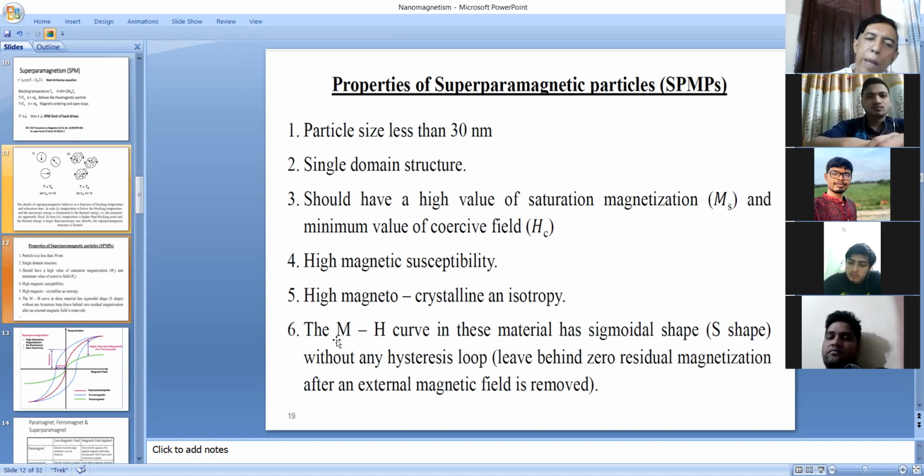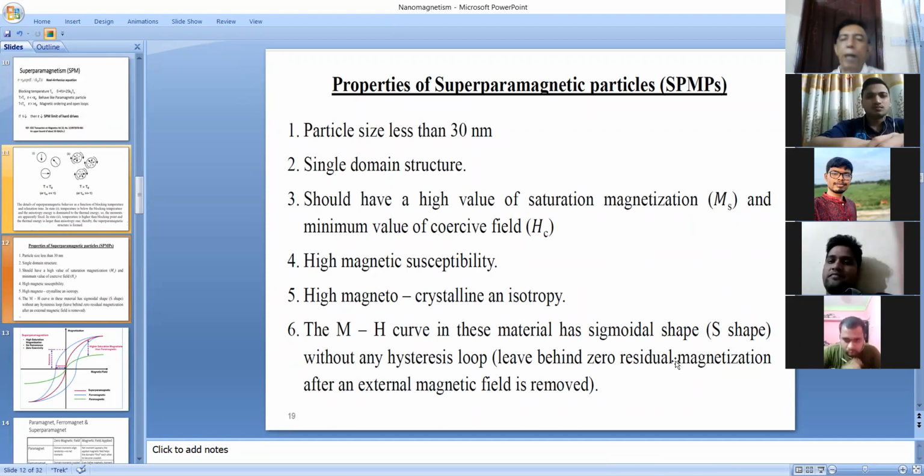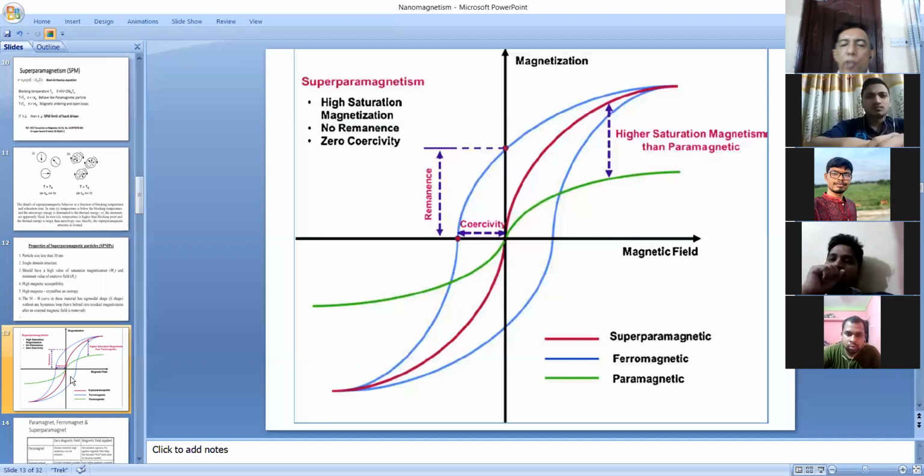The MH curve, the magnetization applied field curve in this material has sigmoidal shape. That means it has S shape without any hysteresis loop. I am coming to this point just now. This figure is very much common for you.